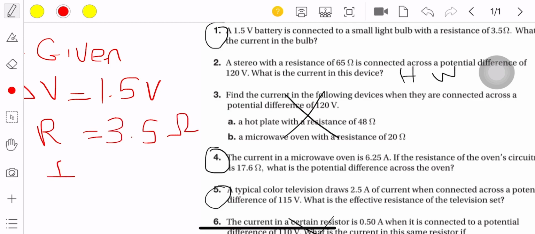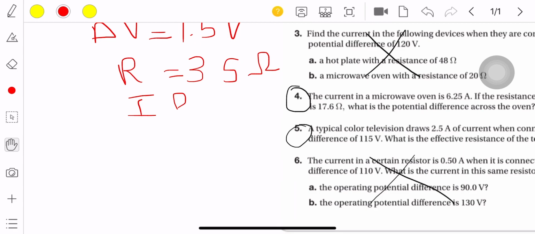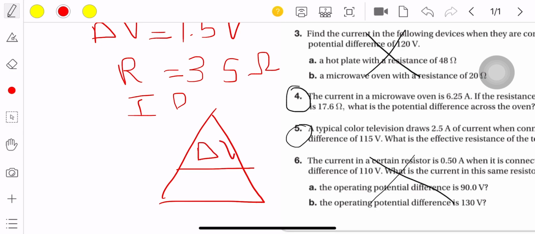What is unknown? The electric current. Which formula will you use? The Ohm's law formula. We can draw a triangle here. The triangle is about R equal to delta V over I. So delta V up, I down, and R down.